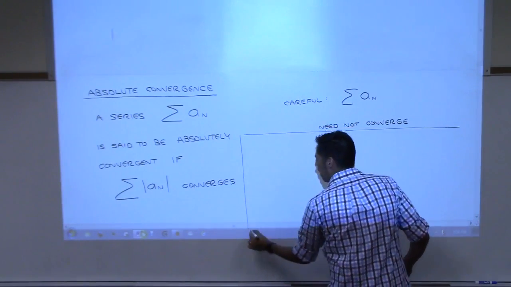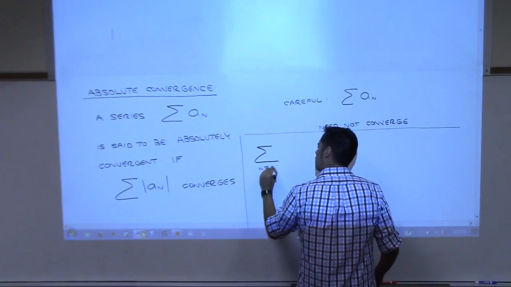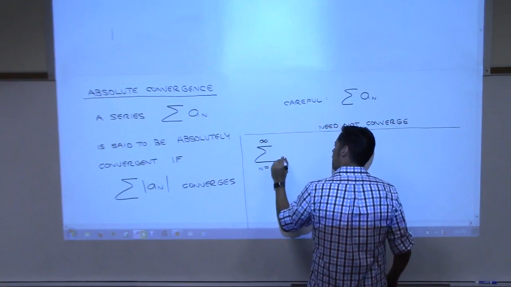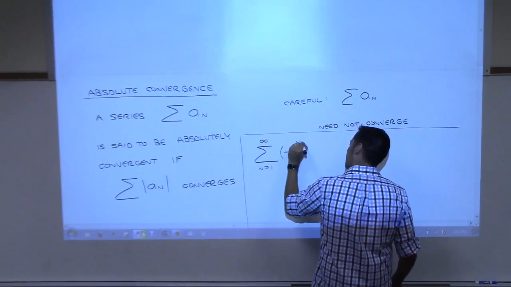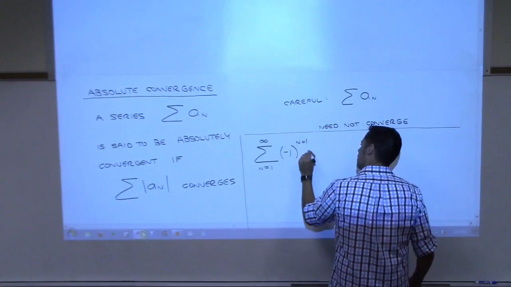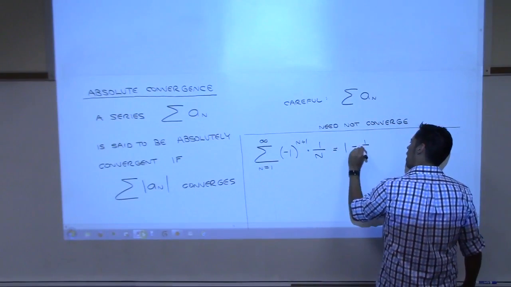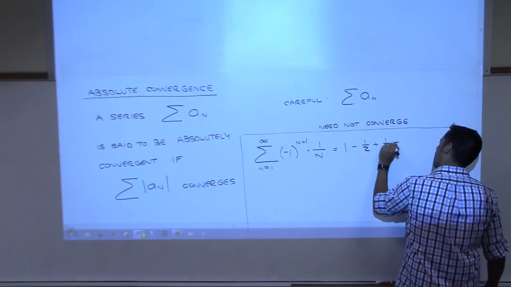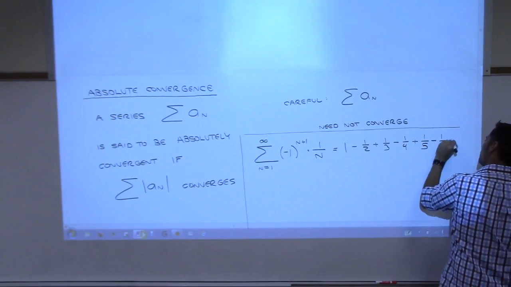I'm going to squeeze it right in here. Let's take the series sum n equals 1 to infinity of (-1) to the n plus 1 times 1 over n. You'll recognize this as being 1 minus a half plus a third minus a fourth plus a fifth minus a sixth plus dot, dot, dot.